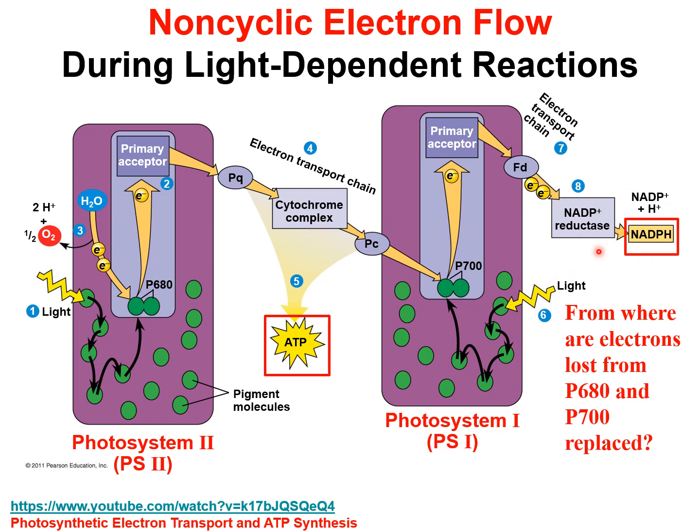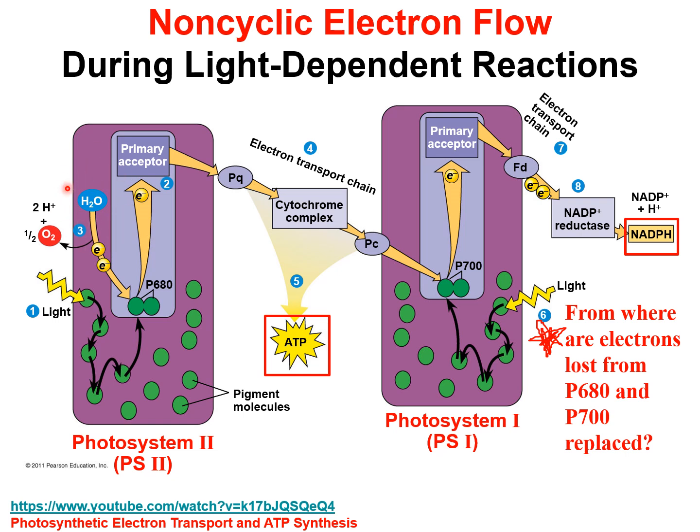Okay, and then we need to answer this really important question here. So I would star this in your notes. From where are the electrons that are lost from P680 and P700 replaced? So it's just saying these electrons that we boosted up in photosystem 2 and in photosystem 1, where do we replace them from? And if we look at our picture, you can see that we're going to get electrons from water.